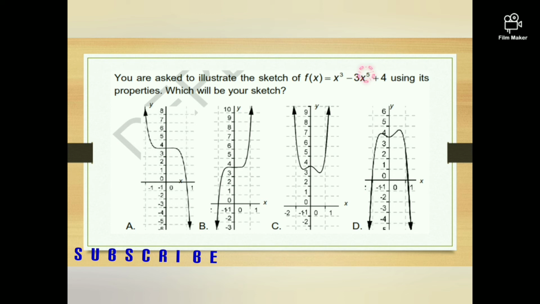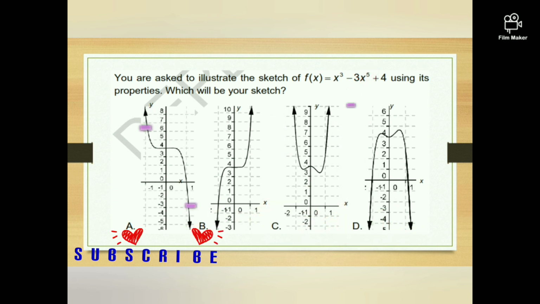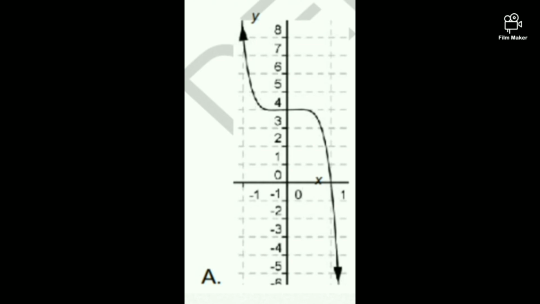Could either be A or B, since one is rising and the other is falling, and not upward or downward position as it describes even degree. The leading coefficient is negative, since one is rising to the left and falling to the right. Therefore, it is letter A. Is that the same with your choice? I'm glad you've got it.